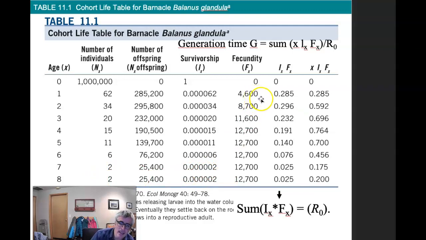Fecundity is just a word for how many eggs you have per female. There's a change here with fecundity and age, meaning our 1-year-olds are able to make some eggs, but not a lot per individual. There's more of them, so they're contributing almost the same number of offspring as the year 2 group.